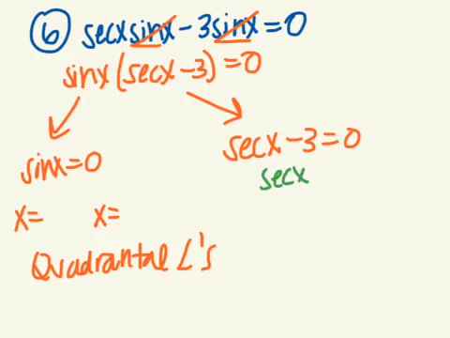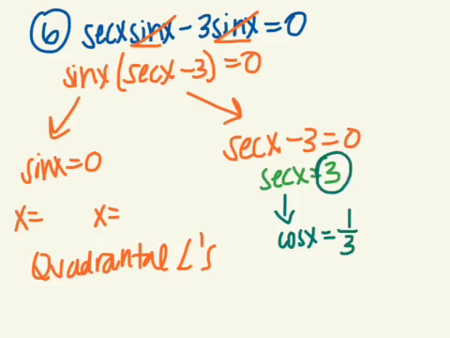So secant x is equal to 3. And remember, the best way to answer the reciprocal functions is, instead of thinking of it as where does secant equal 3, which we're not as familiar with the secant, cosecant, and cotangent values, ask yourself instead, okay, we know that secant goes with cosine, and we're going to then take the reciprocal of this as well.